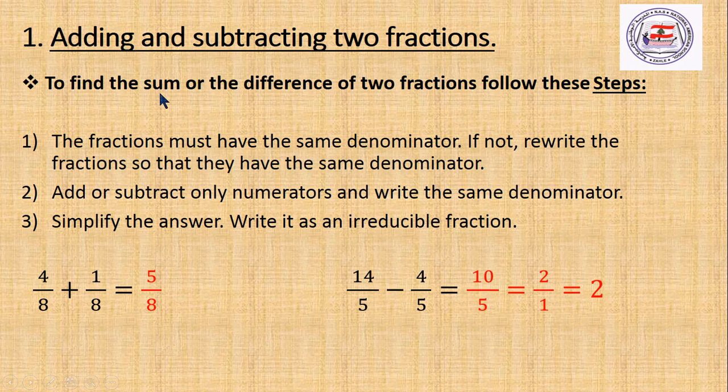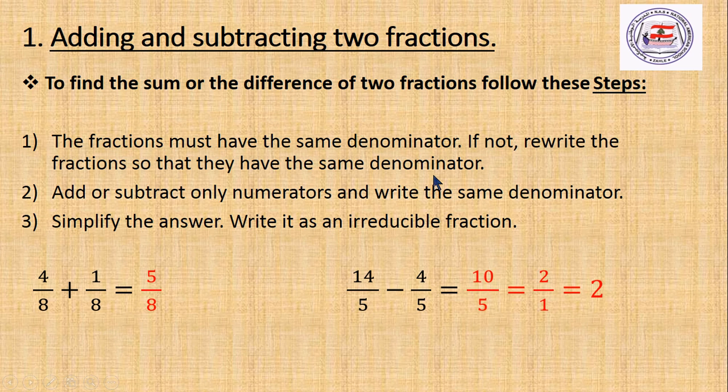To find the sum, that is the answer of addition, or the difference, answer of subtraction, of two fractions, we must follow these steps. First, the fractions must have the same denominator. If they do not have the same denominator, rewrite the fractions so that they have the same denominator.